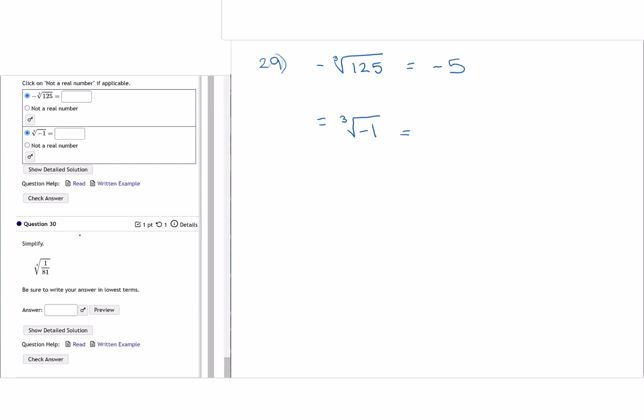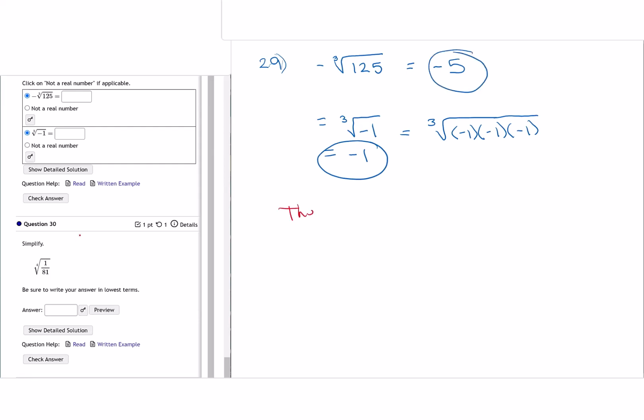Negative 1 is the same as negative 1 times negative 1 times negative 1. It's different than when they're even. When there's an odd number of values that are negative, it stays negative. Because negative 1 times negative 1 times negative 1 equals negative 1, the cube root is equal to negative 1. So these are my answers.